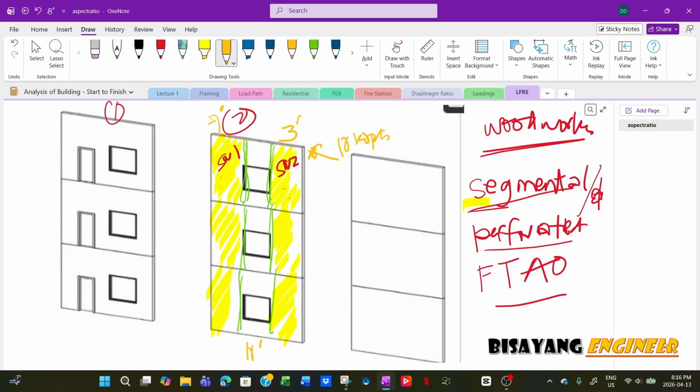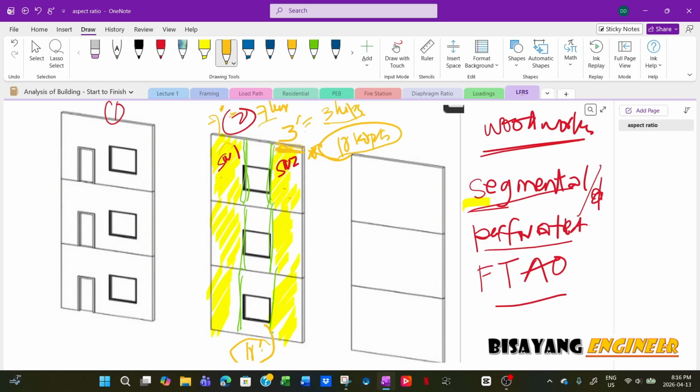If your load is 10 kips and you have 10 feet of solid wall, and this segment is 3 feet, then this one carries 30% of the load, or 3 kips, and this one is 7 kips. So you just distribute the load based on the length. You divide the load by the total length, times the length of the panel.